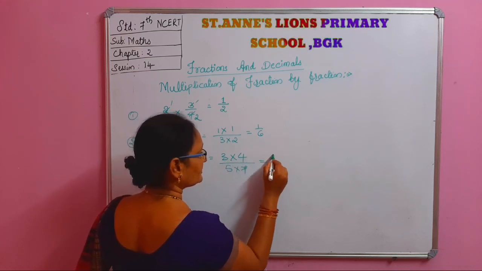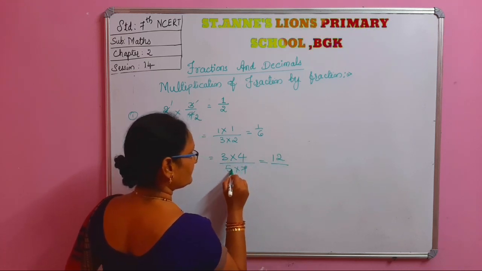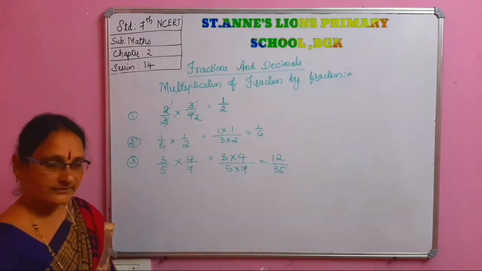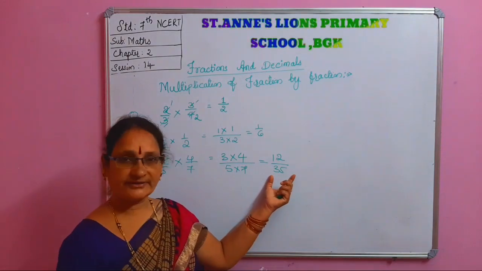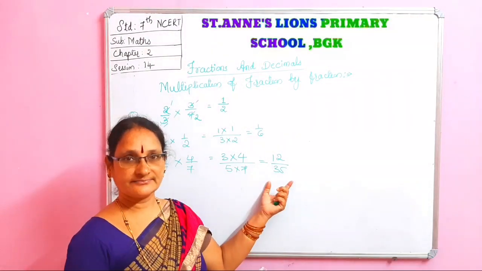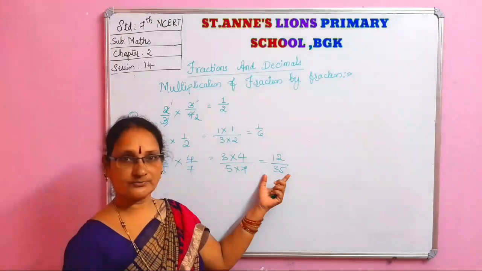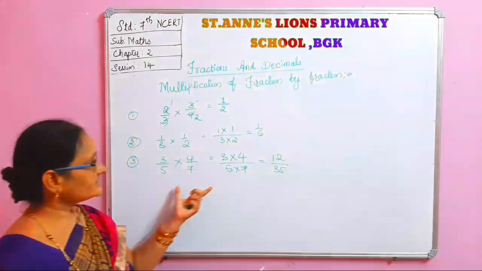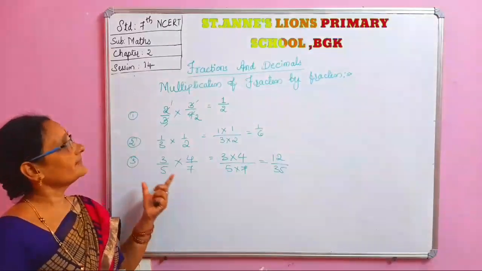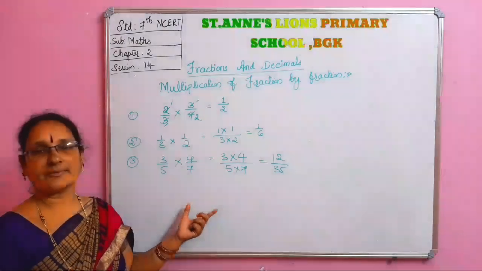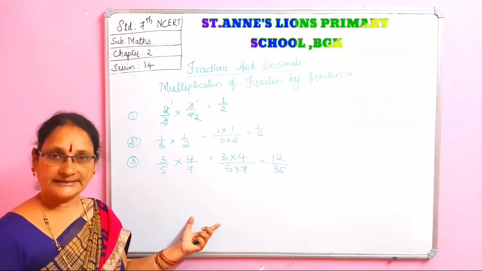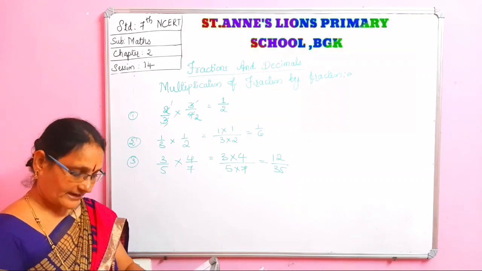Yes, 3 4s are 12, 5 7s are 35. Even here, if there is a possibility of cancellation, you have to cancel it. Is there any? No. 12 by 35 is the answer. This is the method of multiplication of fraction by fraction. Very easy. So try to understand clearly and we solve the exercise now.